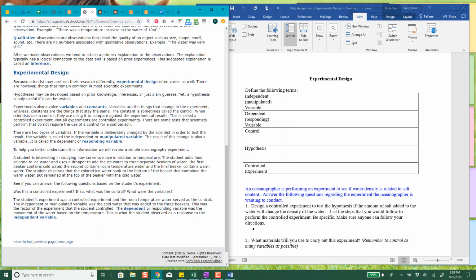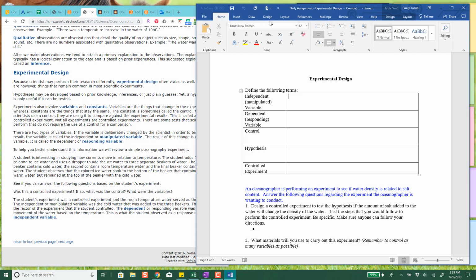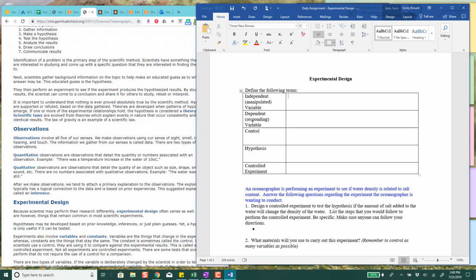So you'll be able to see those definitions right there. Okay, so that's where you'll go to do this. So I'm going to type in here oceanography, and that's where you'll find those definitions.